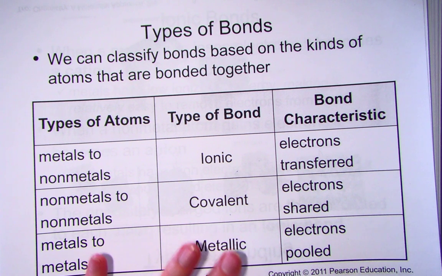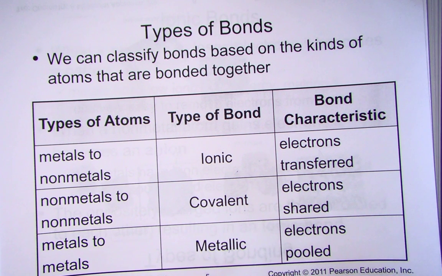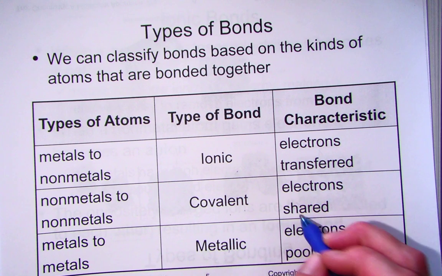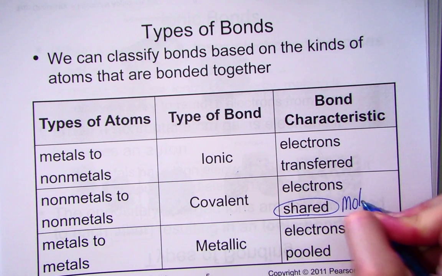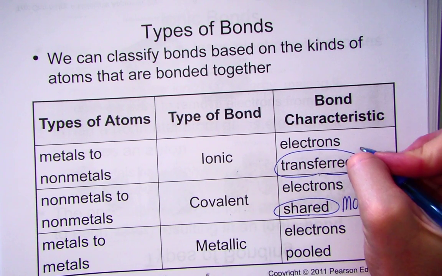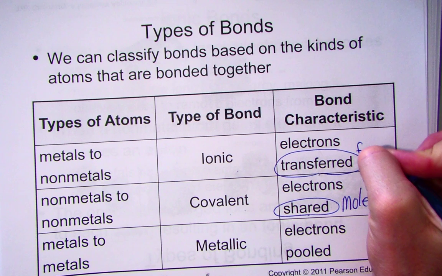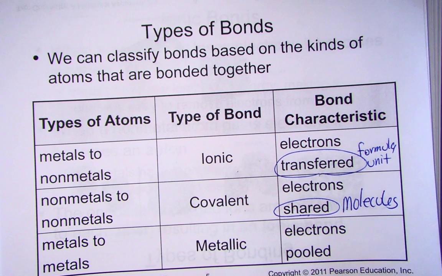When a nonmetal bonds to a nonmetal, we call those molecules. Those molecular compounds share electrons and form covalent bonds. The sharing of electrons in molecules, the transferring of electrons in formula units. Ionic compounds are called formula units, the basic building block of a salt.